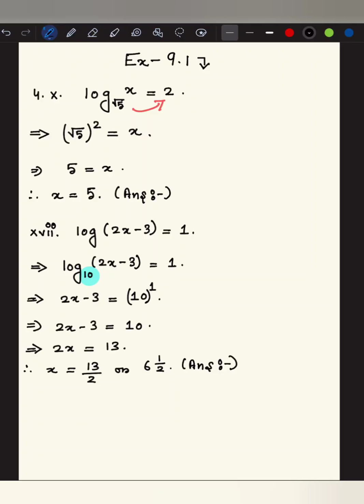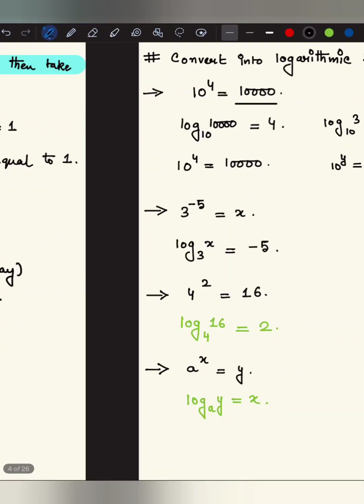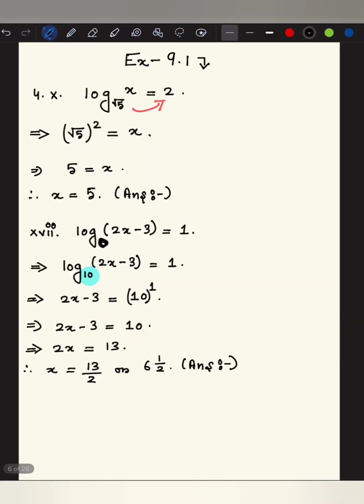Okay. Next, come to question number 17. We are given here is log of 2x minus 3 is equals to 1. So I have taken this sum because here no base is mentioned, as we can see. Okay, so I have already told you that when no base is mentioned, then take base as 10. So in the next step I have taken the base as 10.